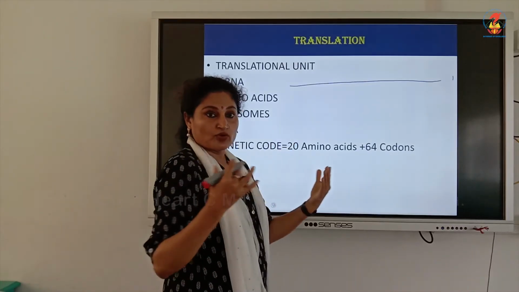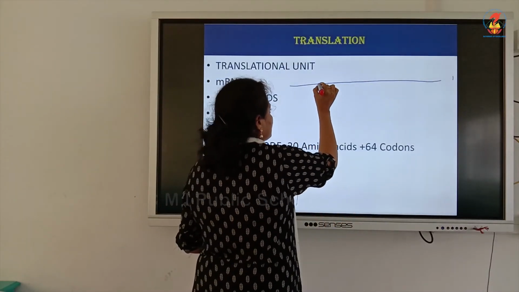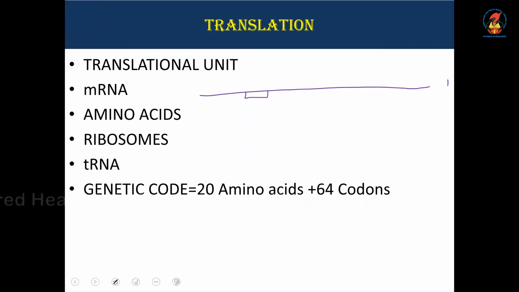I told you the number of codons. There should be a start codon. I am giving it in the form of a block. There should be a start codon and also there should be a stop codon. Now, the start codon is always AUG. You have to learn this AUG by heart. So, which is the start codon? AUG. It should be memorized. And stop codon will be any one of the three.